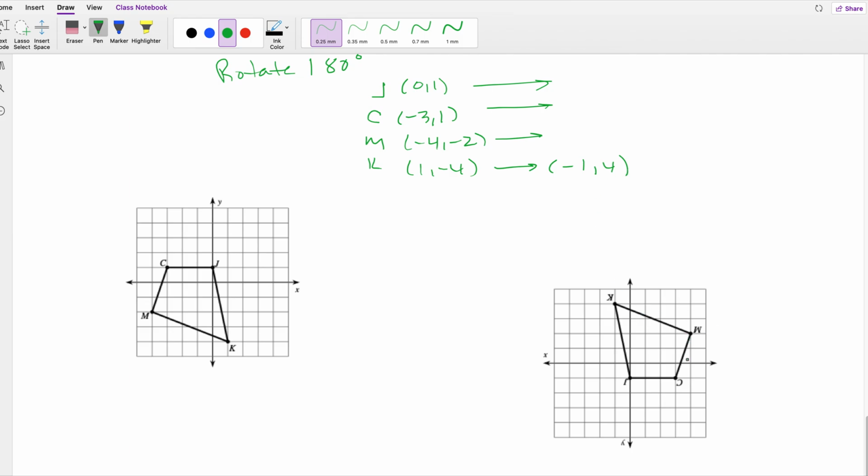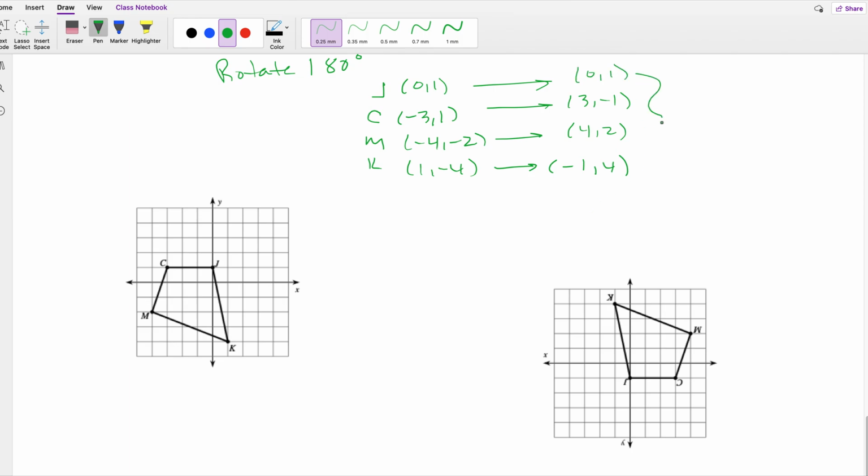And let's see, M would be 1, 2, 3, 4, 2. C would be 1, 2, 3, negative 1. And J is 0, 1.